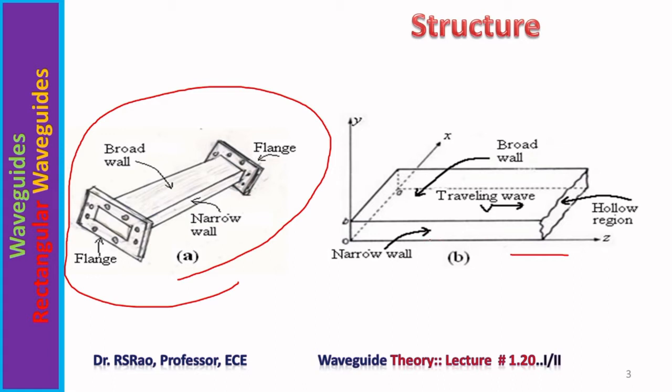Two side walls are narrow walls. One narrow wall is over the yz plane, another narrow wall is at a distance of A from the first narrow wall. And as already mentioned, the guide is carrying a traveling wave. At an arbitrary point somewhere here in the hollow region, what is E? What is H? This is the issue which we are going to address right now.